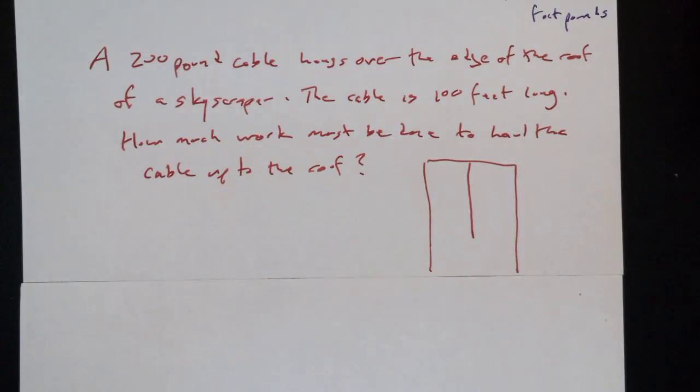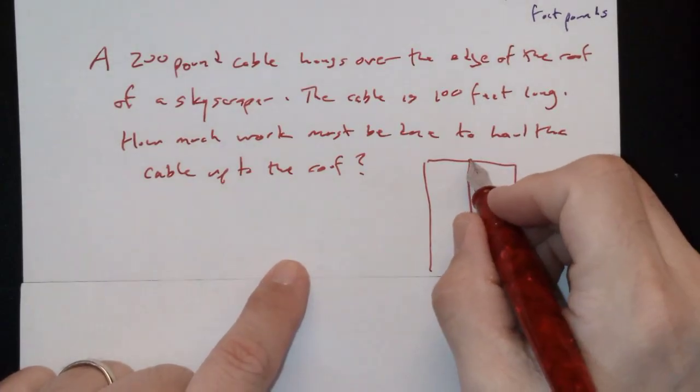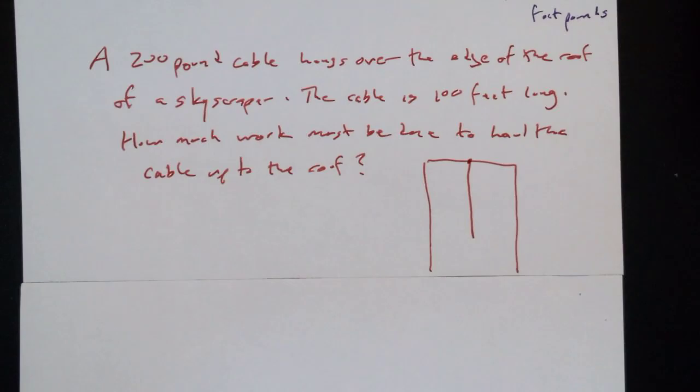I'm working against gravity. So let's think about the distance the hose is going to move, right? This little bit of hose right here. How far has it got to move? Not if it's at the very top, it doesn't have to move at all, right? It's already on the roof.